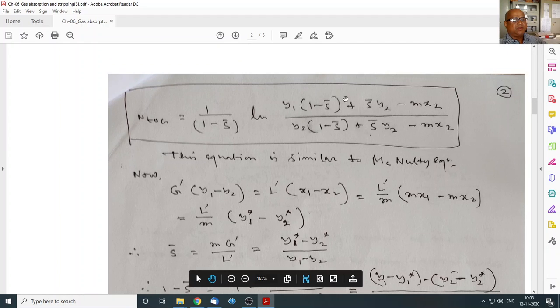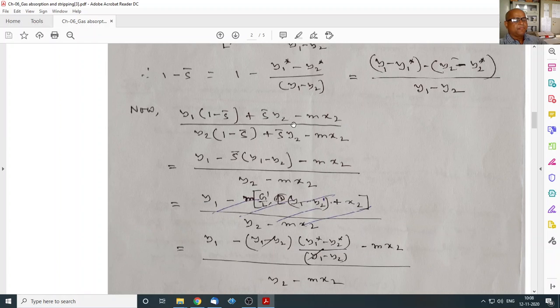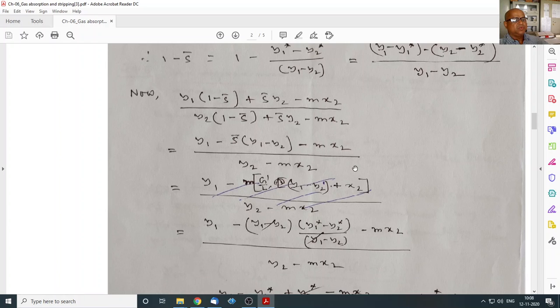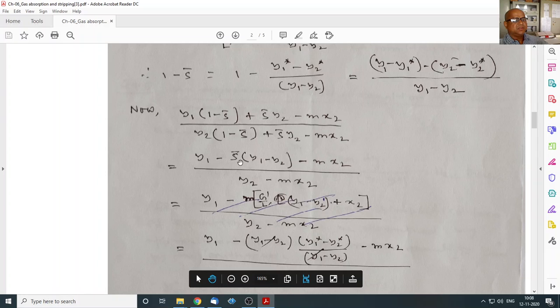Now let's see what will happen with this term. So this term is this. Now if you take y1 minus S into (y1 minus y2) minus mx2. Now S equal to this, so I will put this S in this equation.